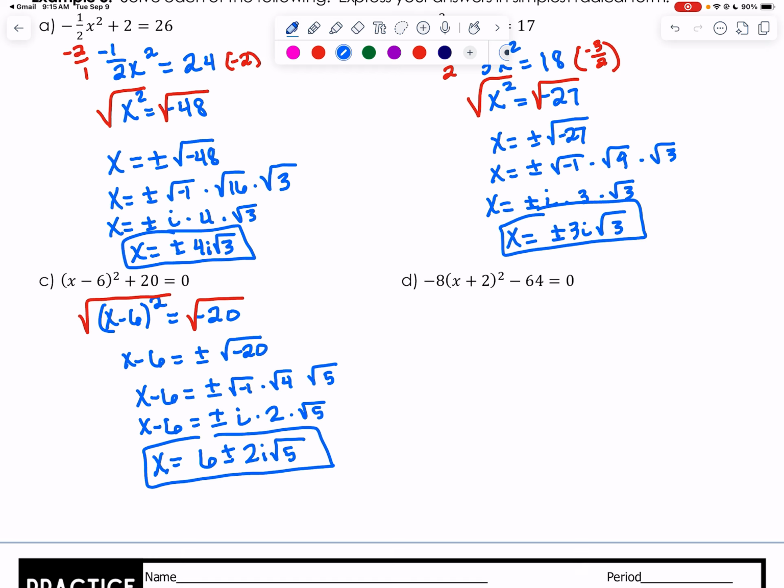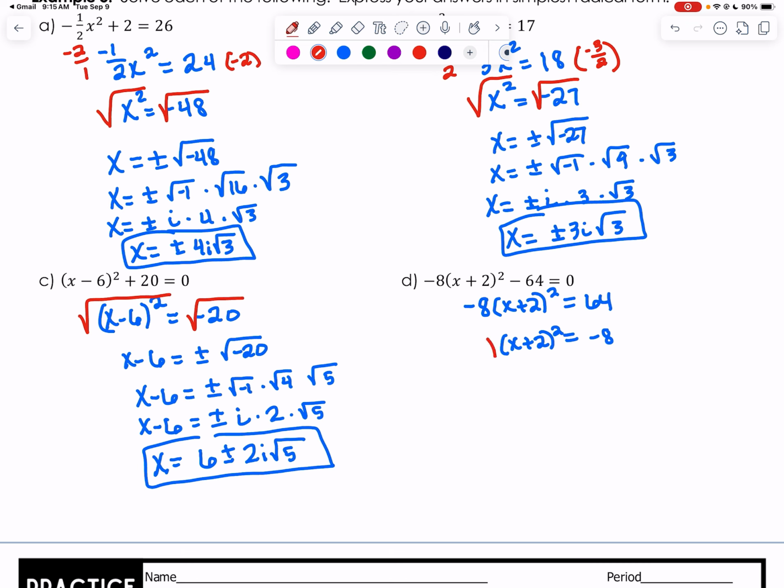All right, let's see how you did. I started by adding 64 to both sides, and then I divided by negative 8. So I got x plus 2 quantity squared equals negative 8.